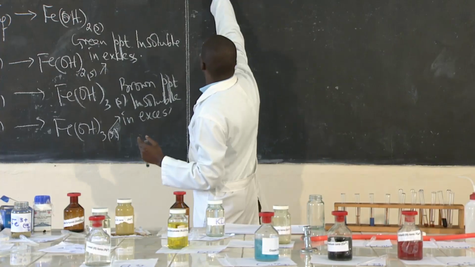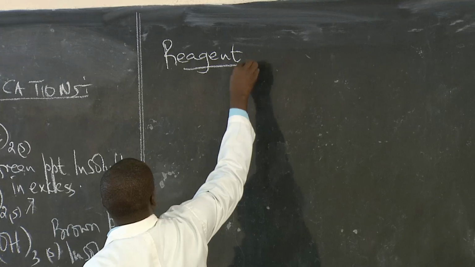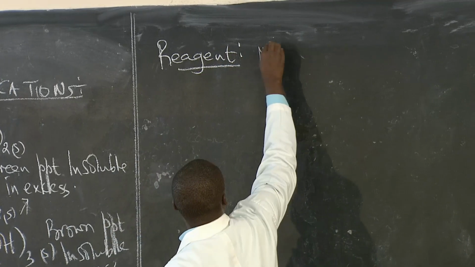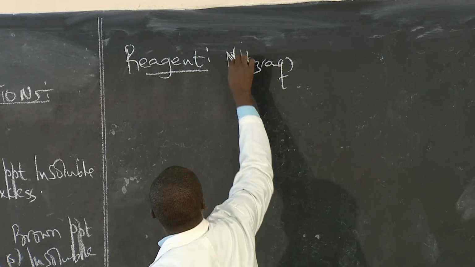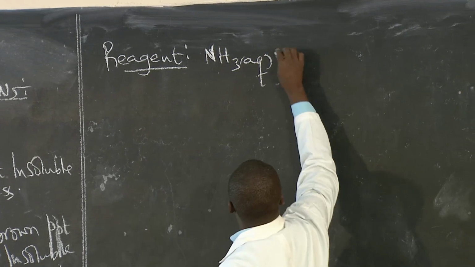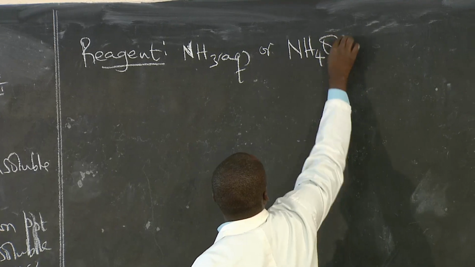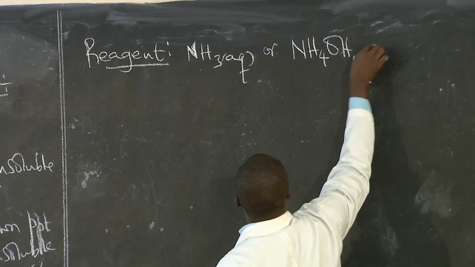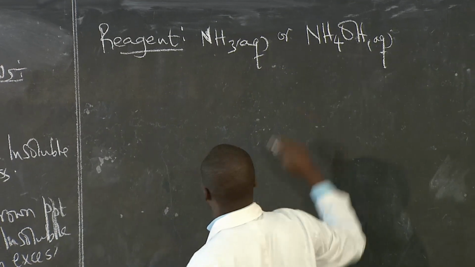So if we use ammonia solution, I said ammonia solution is also ammonium hydroxide. So a solution of ammonia, we usually write it in this form, or in this form.